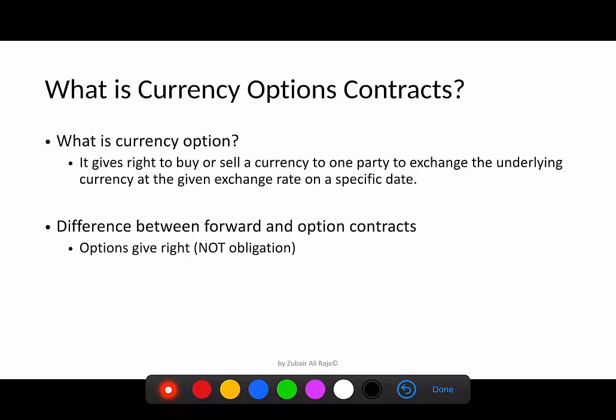So there is no obligation once you enter into the option contract, unlike forward contracts, where upon the expiration of the contract you have to settle the transaction. You cannot simply back off. Either you have to take the opposite position by selling that contract, but that's an obligation. In the case of options, there is no obligation. It is simply giving the right to the buyer of the option contract.